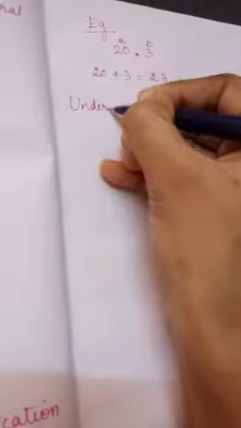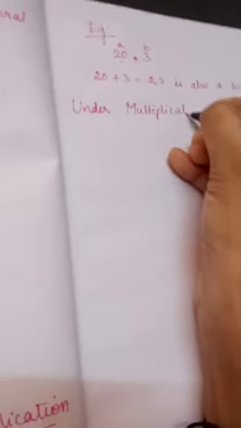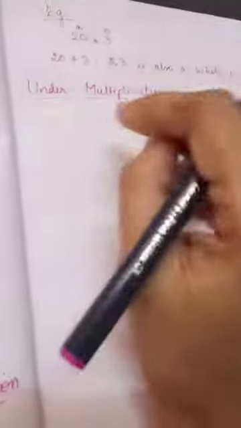Likewise, we have closure property under multiplication, because we don't use subtraction, as we will get a negative number. A negative number is not in the whole number set.